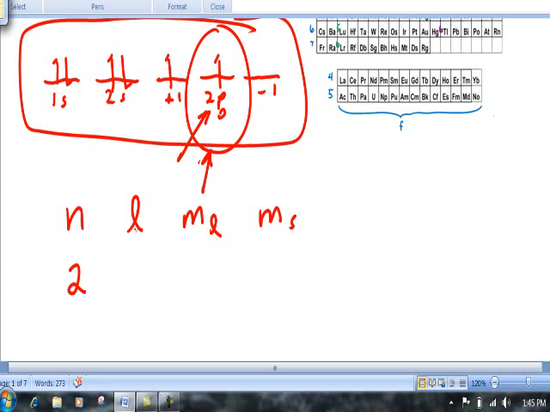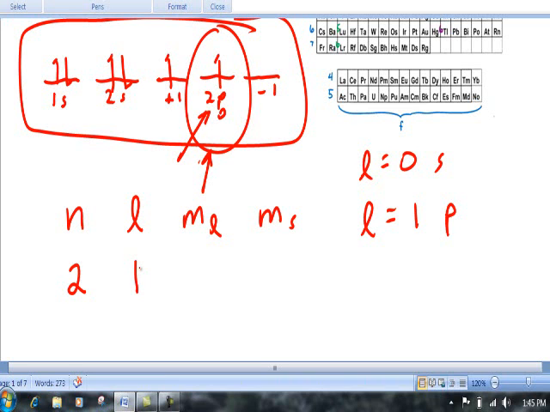The L value is what sublevel we are in. Now remember, L is equal to 0 if it's an s orbital. L is equal to 1 if we're in the p sublevel. Because we're in the p sublevel for this last electron, our L value is going to be a 1. The m sub L value represents the spatial orientation of the different orbitals within a sublevel.